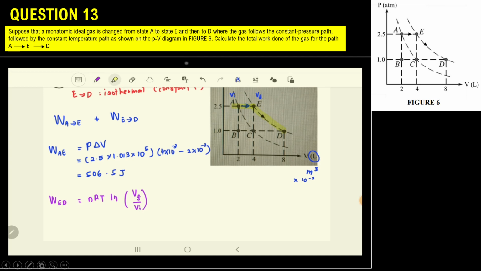We want to substitute the temperature here, but we don't have the value of the temperature. We can find it, or we can change this equation: since PV is equal to nRT, we can substitute it as PV ln VF over VI.